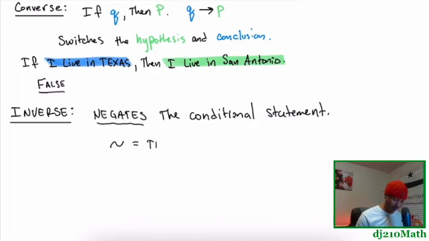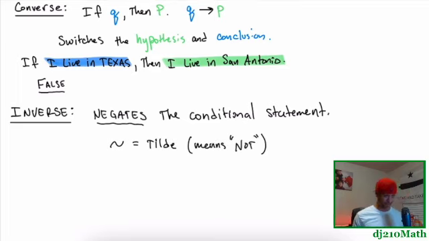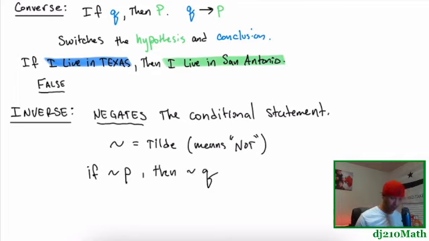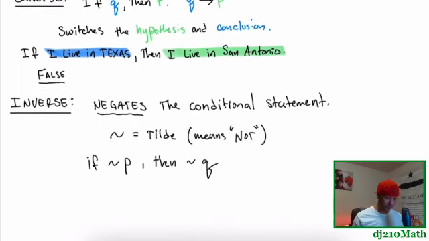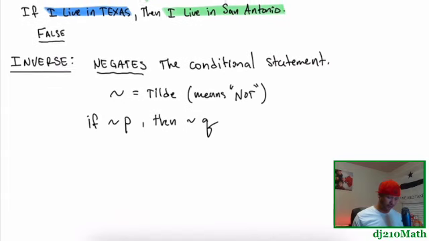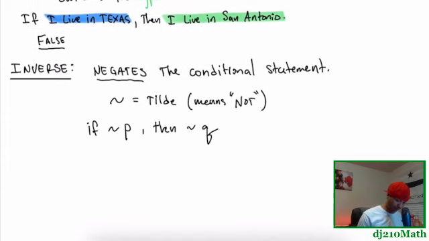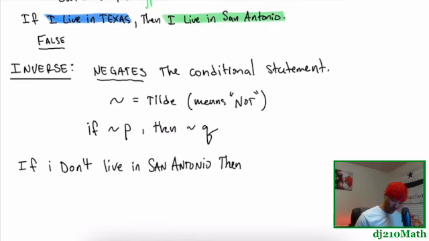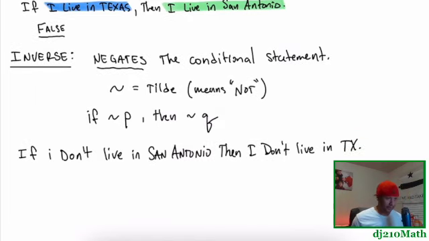Basically, it means not. So if not P, then not Q, meaning you're going to negate P and negate Q. You're going to work the word not in somehow, so it makes sense grammar-wise. So going back to our conditional statement, the inverse would be: if I don't live in San Antonio, then I don't live in Texas.